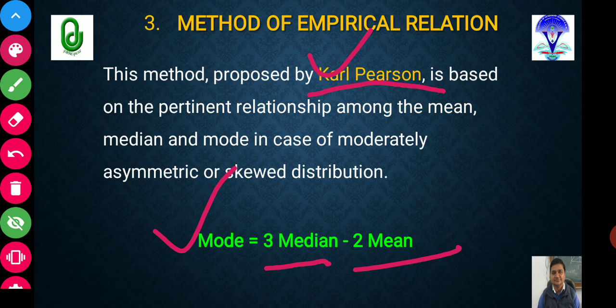This method of empirical relation is based on the relationship among mean, median and mode in case of a moderately asymmetric or skewed distribution. With this formula, if you have known values of median and mean, you can get the mode.